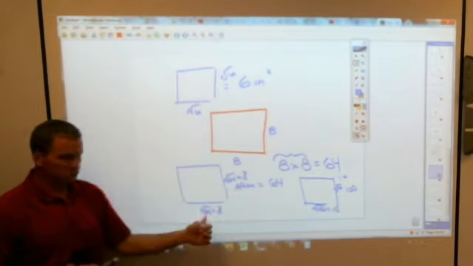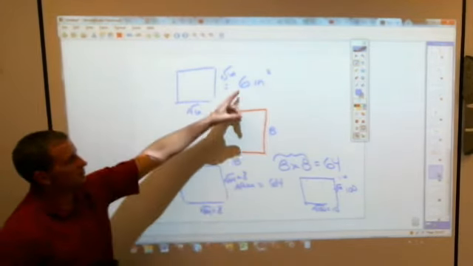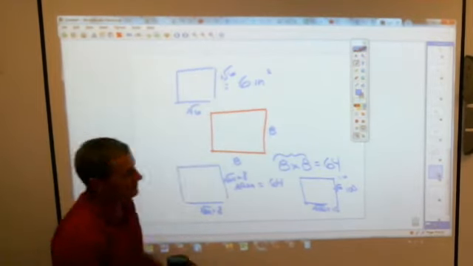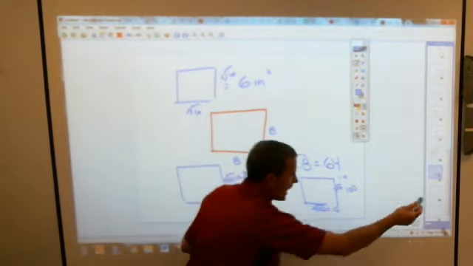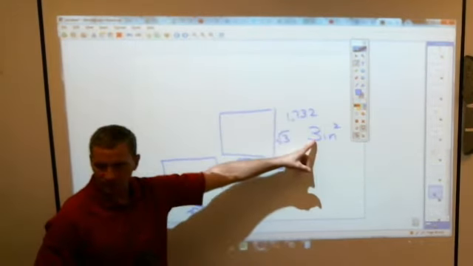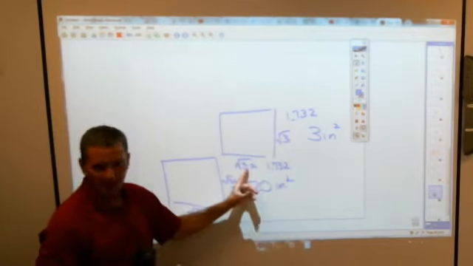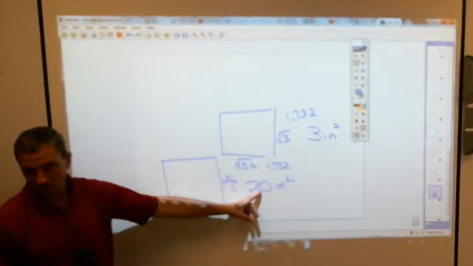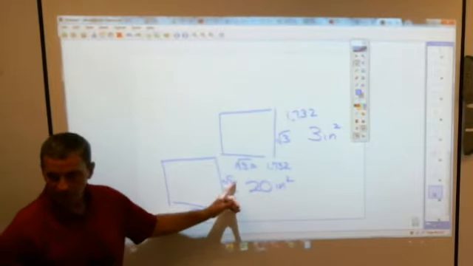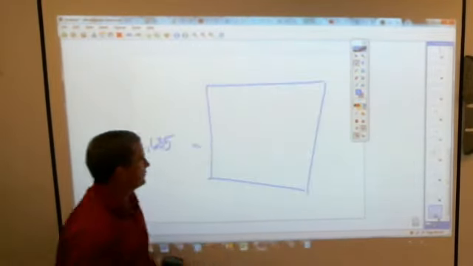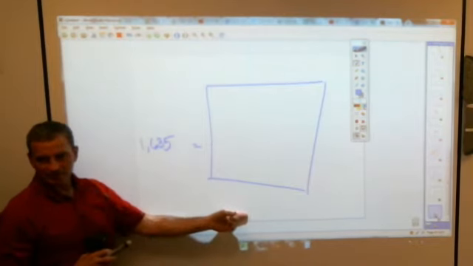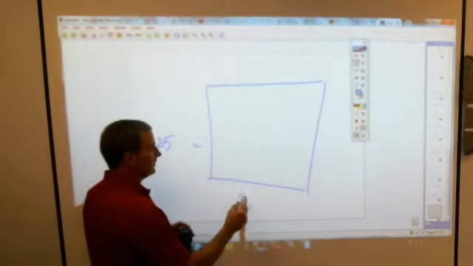Each side was, area of this one was, each side was, area of this one was, each side was, here we go. Area of this one is, each side has to be, I think we've got it.